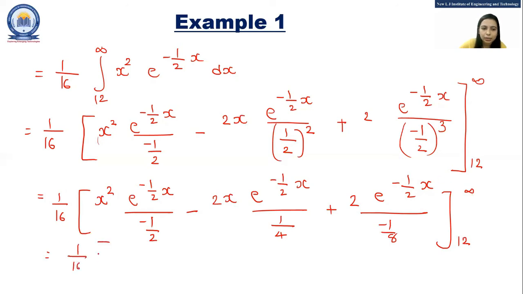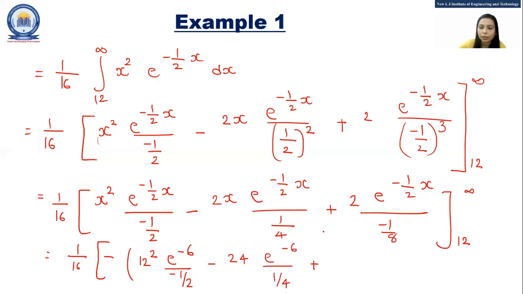So 1 by 16 minus, let's put the lower limit, so 12 square and e raised to minus 6 upon minus 1 by 2, minus 24 e raised to minus 6 upon 1 by 4, plus 2 e raised to minus 6 upon minus 1 by 8.